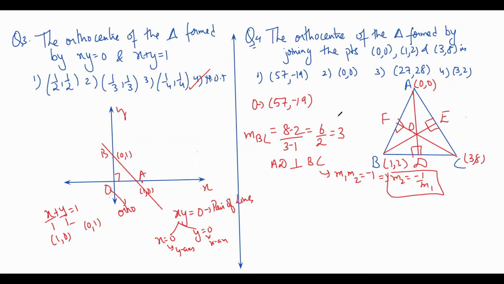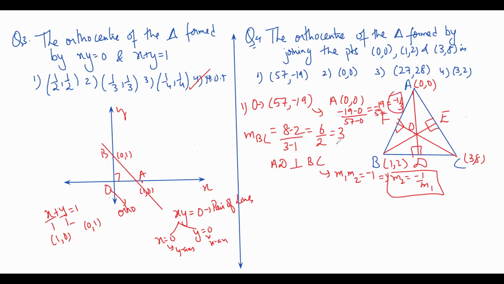And this point O is on the line perpendicular to BC. So we are checking our options, and I have just taken the first option here, that is (57, -19), and I am going to check the slope of AD using points O and A. You know that slope is (y2 - y1)/(x2 - x1), that is (-19 - 0)/(57 - 0), which is -19/57, and this comes out to be -1/3, the desired answer.